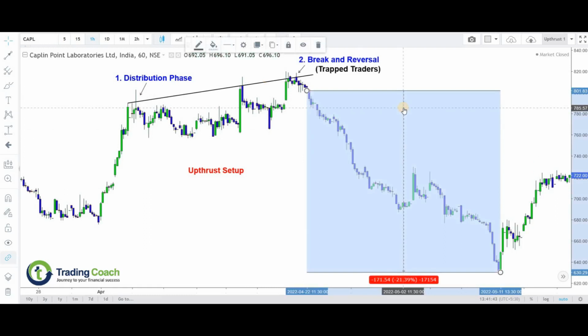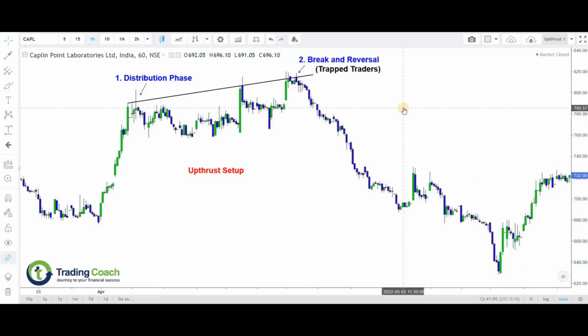Say if you want to take a short position, how do you do this? Well, there are a few limitations which I would like to discuss. First of all, if you're trading this in stocks, then you have to take short selling positions every single day. Alternatively, you can try to trade this on futures and options. If you find these kind of setups on any stocks or any indices, you can try to take a short position based on derivative contracts.